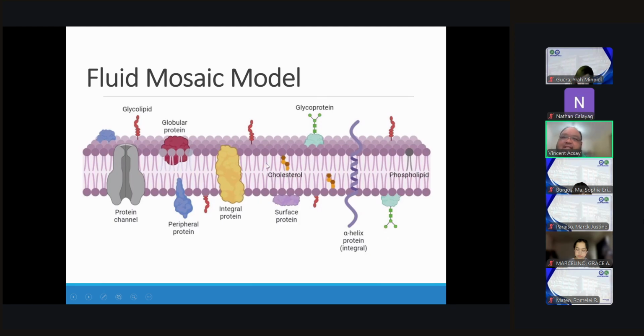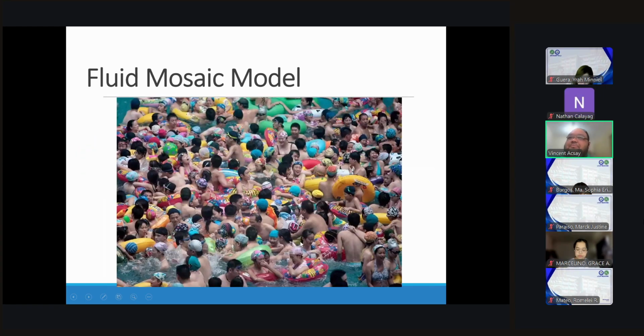An example that I like to explain the fluid mosaic model with is this picture. Can everyone see this picture? This is an example of a crowded swimming pool in China, which is typically what we love using to explain the fluid mosaic model.